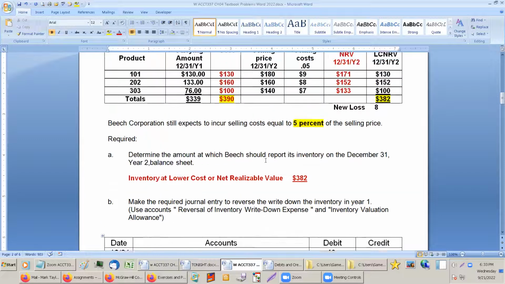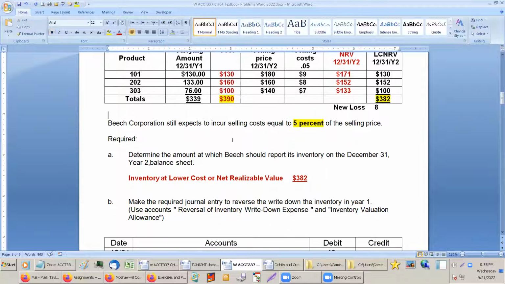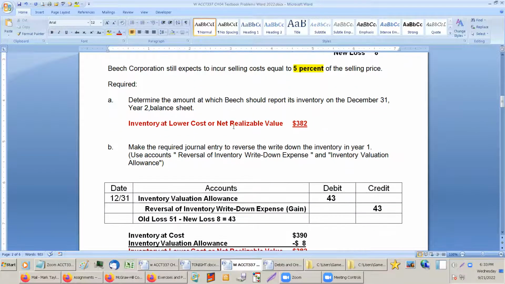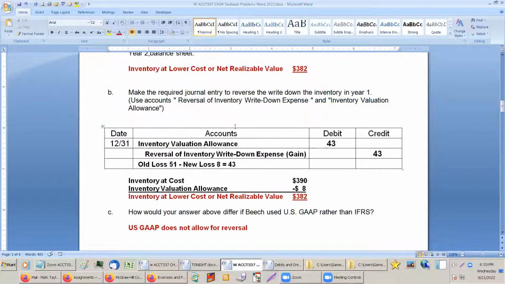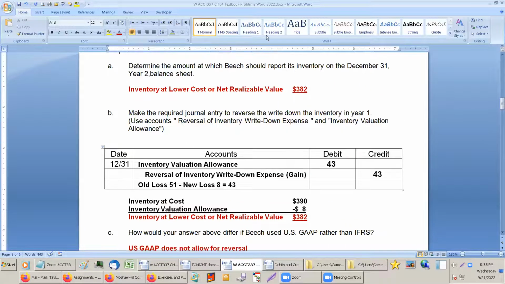And again, the lower of cost or market is now exactly the same for GAAP and for international standards, IFRS. The market is exactly the same. And if you're wondering why they do that, it's sort of a conservative approach, and I don't mean this politically.